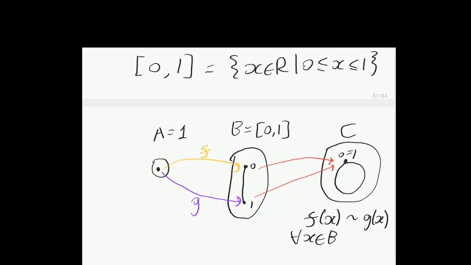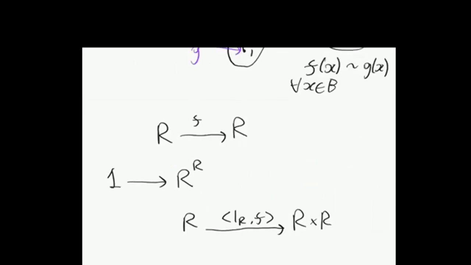Basically what that means is that we can form an equivalence relation on B, and we really want to pick the minimum equivalence relation on B, which is such that f of x is equivalent to g of x for every x in B. And then if we identify each pair of points which are equivalent under this, that gives us this space C. So this is pretty similar to how co-equalizers work in sets, if you know about that kind of thing.